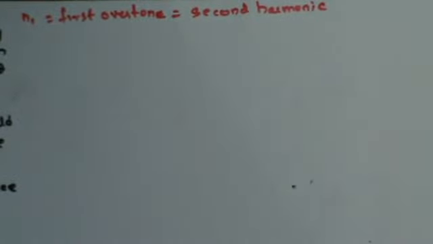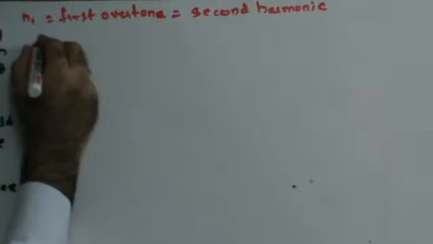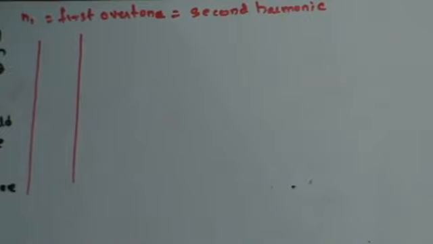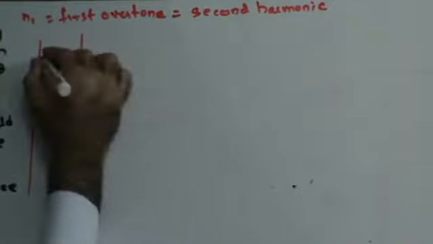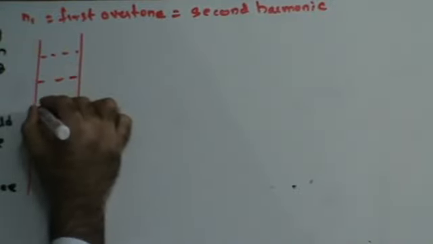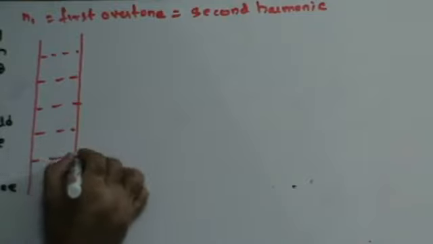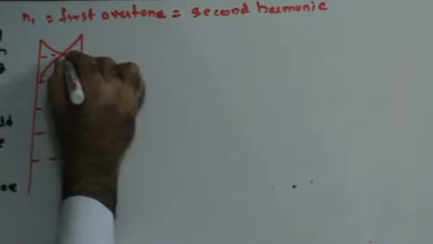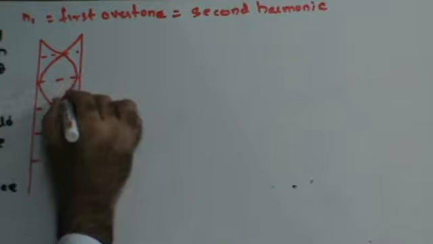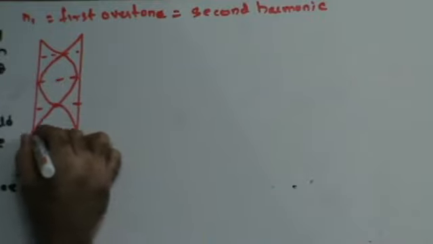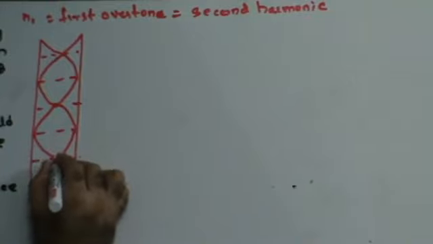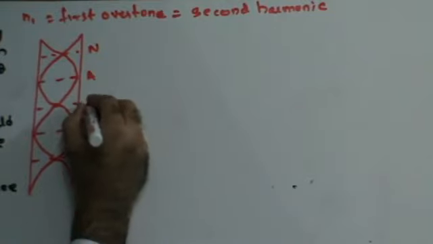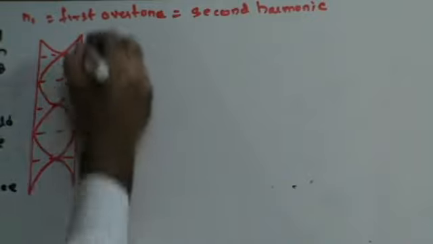Now, I can similarly work with another kind of mode. Let's have a tube in which this is my node, antinode, node, antinode, node, antinode.